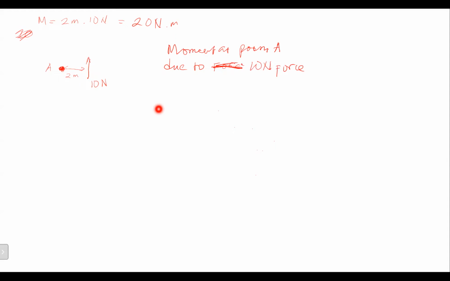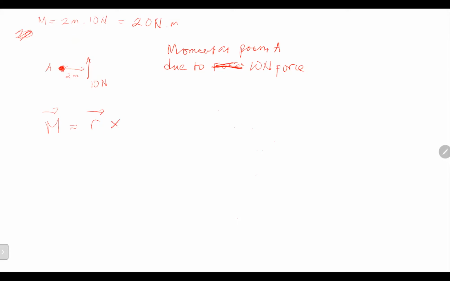If we are talking about vectors, the moment is equal to r cross F. R here is the distance vector which is connecting from point A to the force, the 10 Newton force.